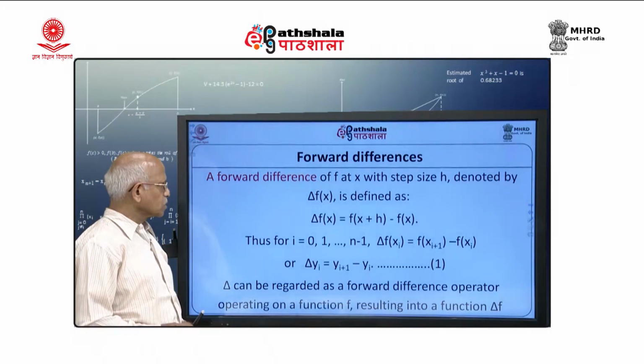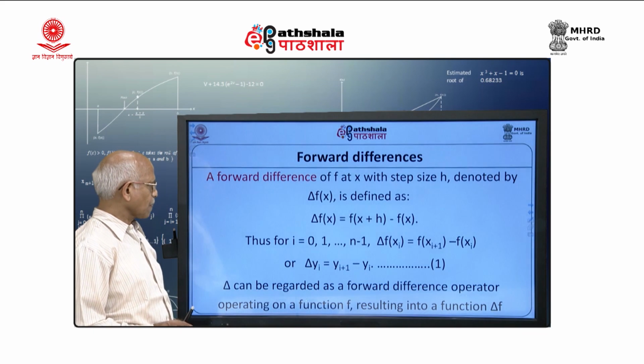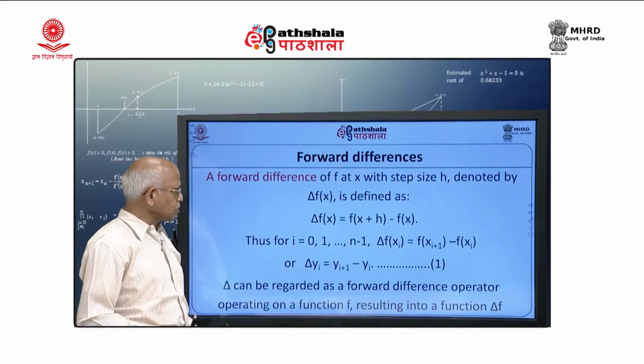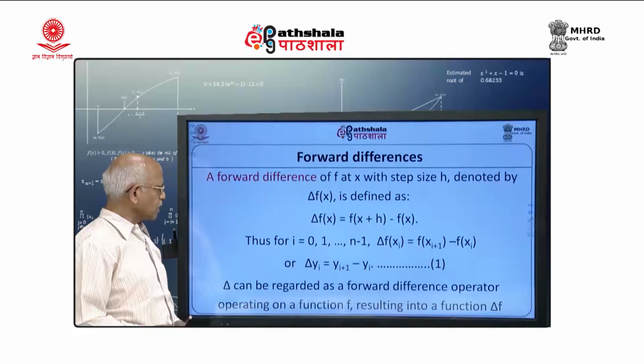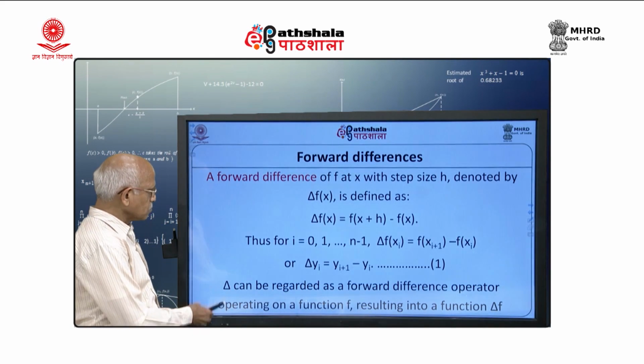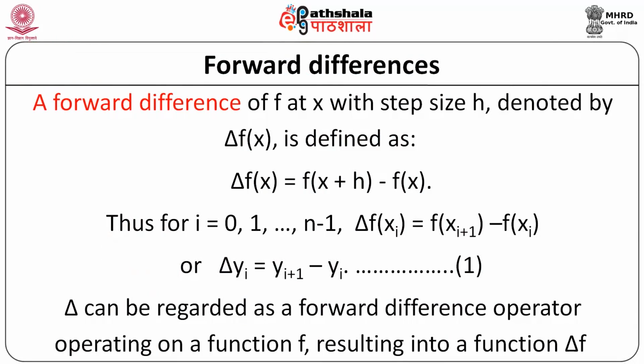That is the forward difference at point xi, or the same thing can be written as Δyi, because f(xi) is yi and therefore, Δyi is equal to y(i+1) minus yi. So, that will be considered to be our initial definition of the forward difference. Delta can be regarded as a forward difference operator.